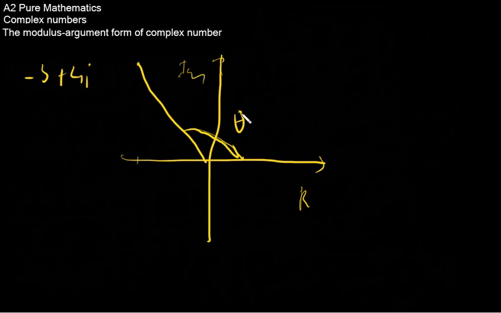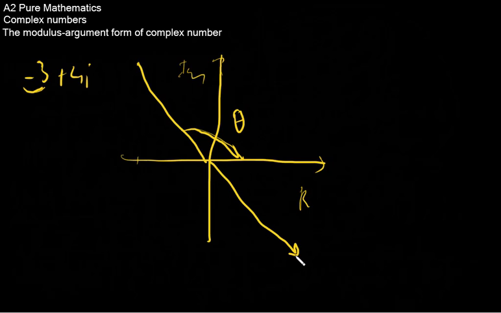This will be theta, and when it is bigger than 90, the cos will be negative, which causes this value to be minus 3. The modulus stays the same because 3 squared plus 4 squared is still 5, and the sine is still the same.